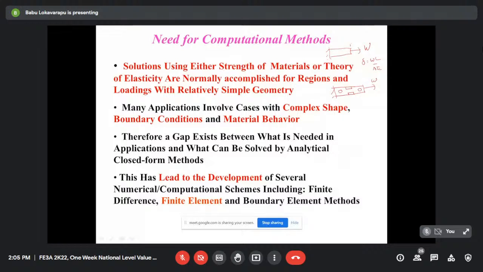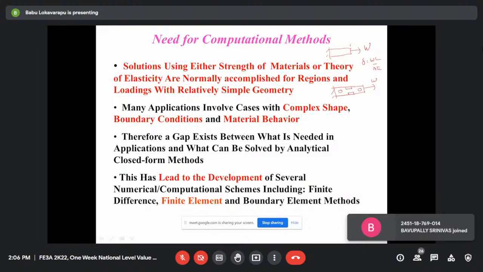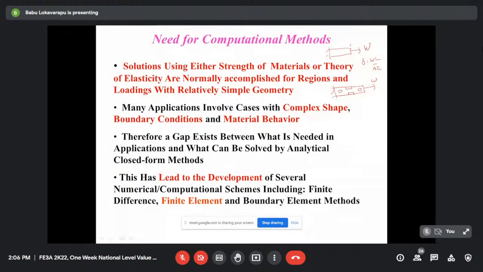Providing this is essential as per the application requirement. In this case, I need to do the analysis: what is the deflection, what is the stress induced, all things I need to find out. I cannot find this like the first case using a formula directly because of the complicated geometry.